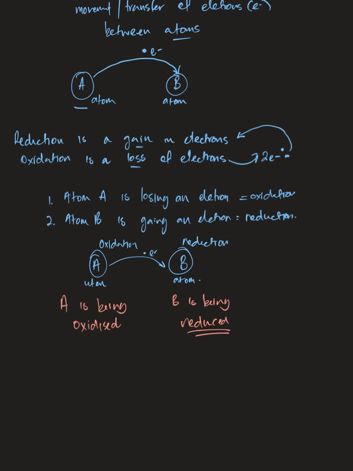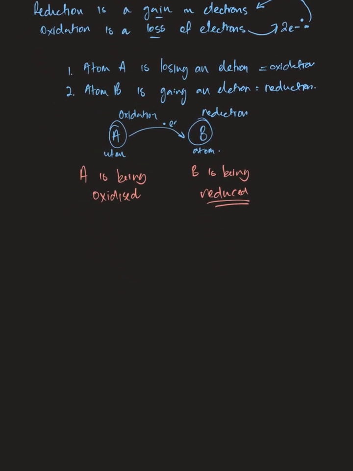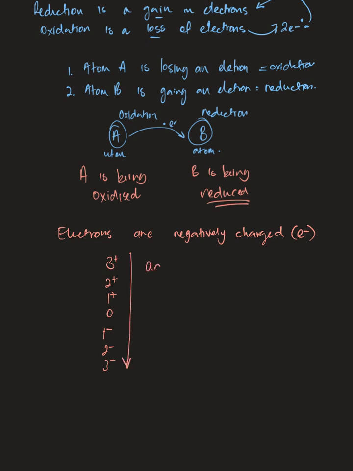So I want you to think about it like this. Electrons are negatively charged. Let's say I had 3 plus, 2 plus, 1 plus, 0, 1 minus, 2 minus, 3 minus. The only way I'm going to go from here to here is I need to add in electrons.